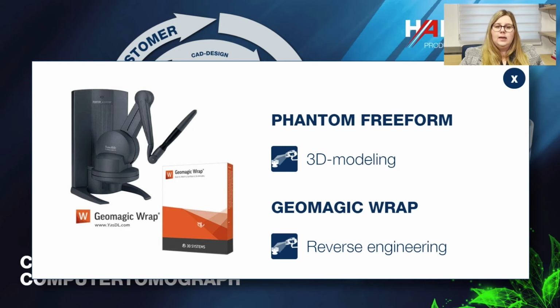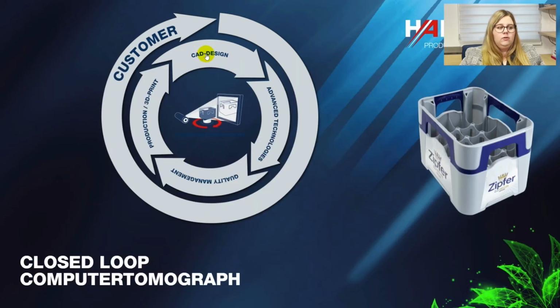It's interesting, for example, if we have an existing bottle crate and we see that there's something wrong in an area, we can do some optimizations in certain areas and then do reverse engineering. And for reverse engineering, we use the software Geomagic Wrap.